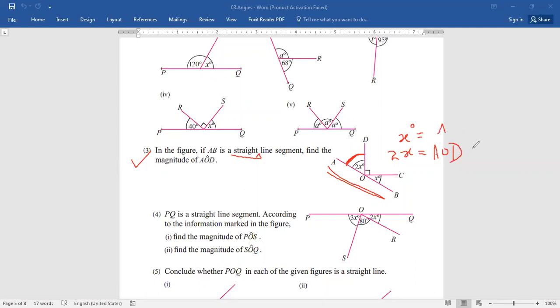So in order to find this, first you need to find the value of x, then find the value of AOD. AOD angle equals 2x. Then you substitute 2 times the value of x.